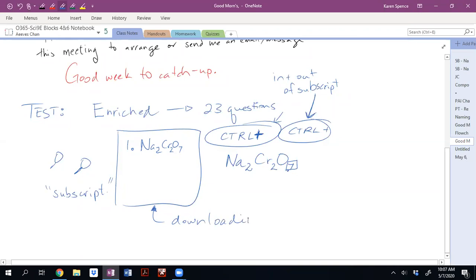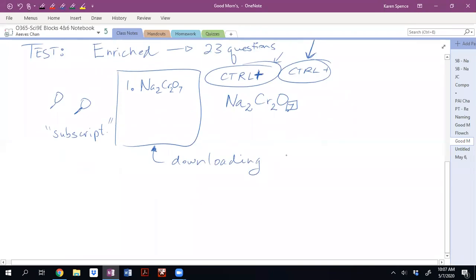I have an Android, so if you have an iDevice, you might need to look up something yourself. Download a scanning app. The reason this is really nice is that it will allow you to scan it and it will put it as a PDF.